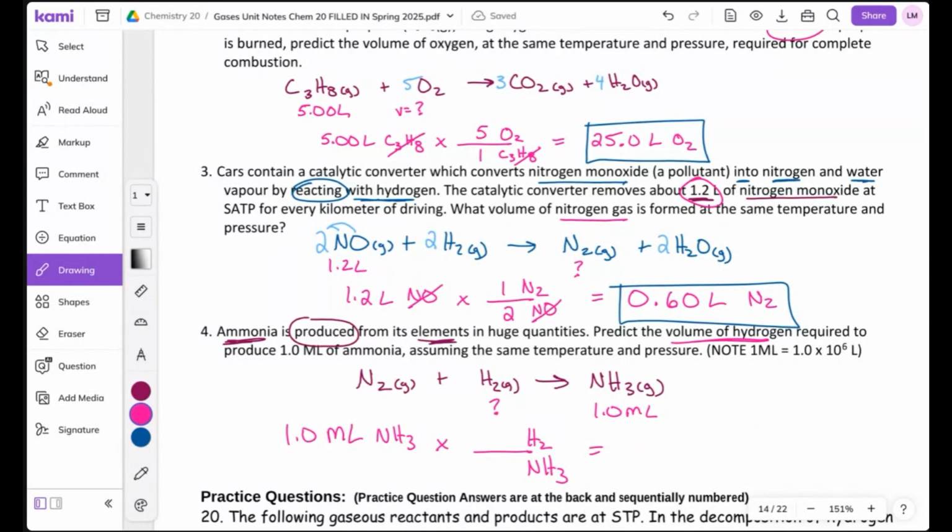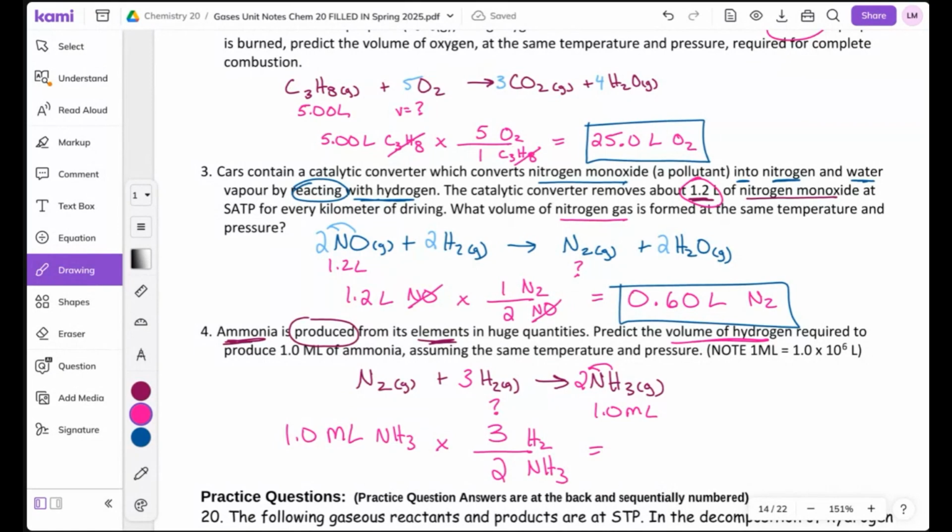What we need to do first is we need to balance our chemical equation. So we have 2 nitrogens going in, now we have 2 coming out. Now we have 6 hydrogens coming out, so we need 6 going in, and that's that. So we have 2 ammonia, 3 hydrogen for our coefficients.